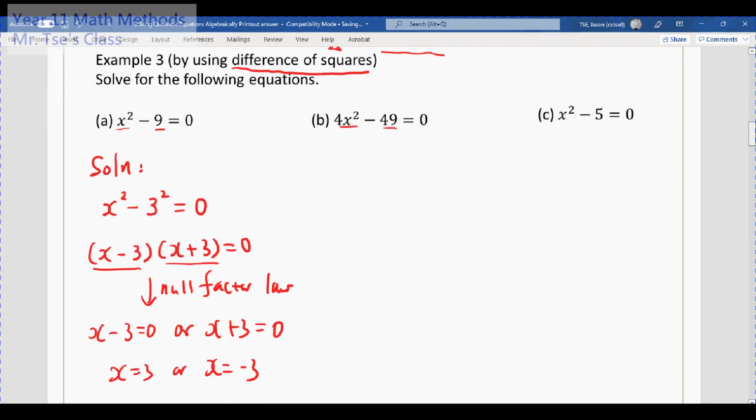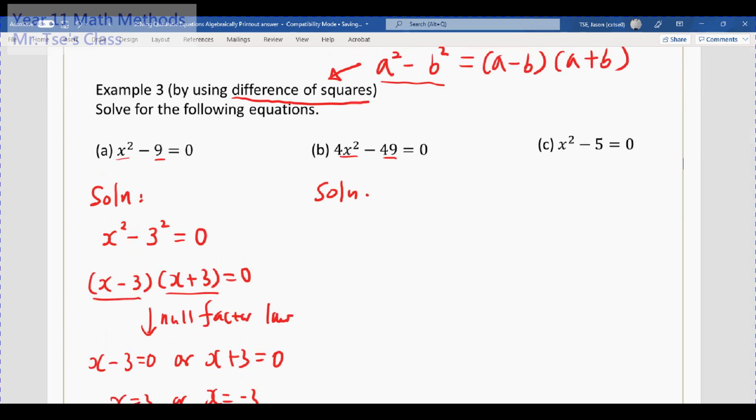For the second one, can we use this again? Of course, you have to use it. For the whole example 3, you need to use difference of squares. But how can we use it? Can you see the b squared and a squared in that case? I will give you some time to think about the first step.